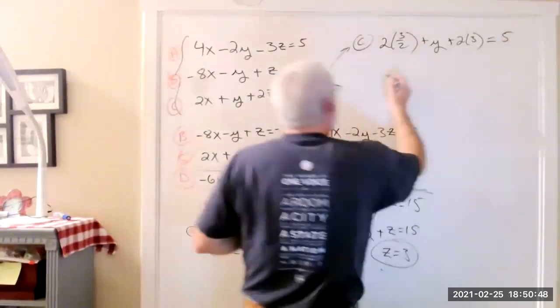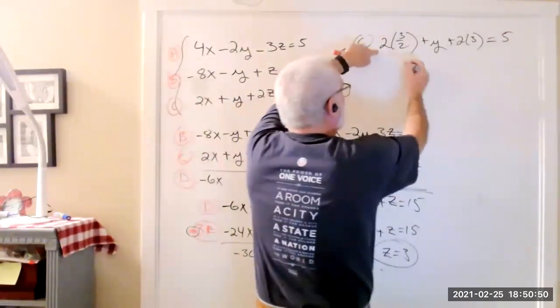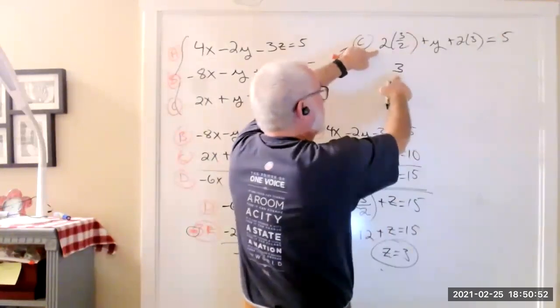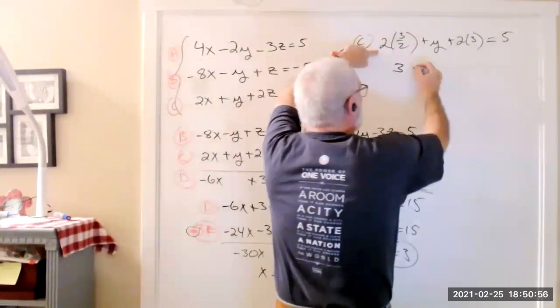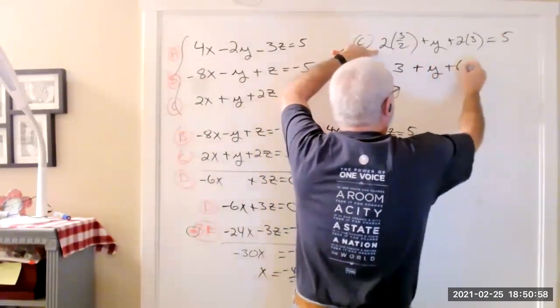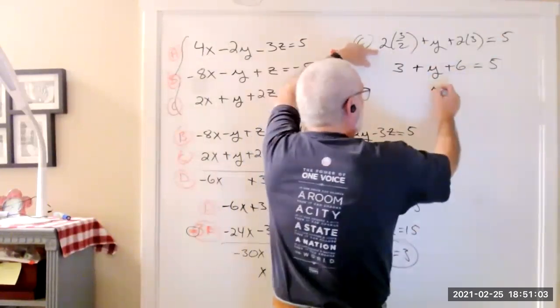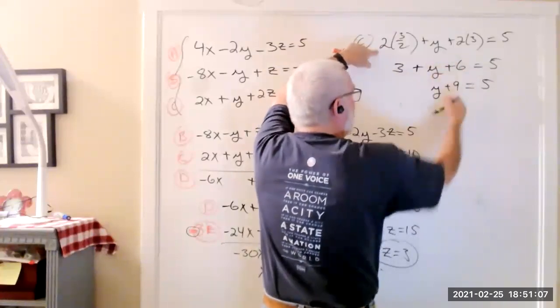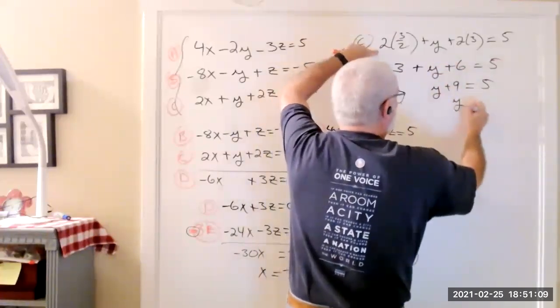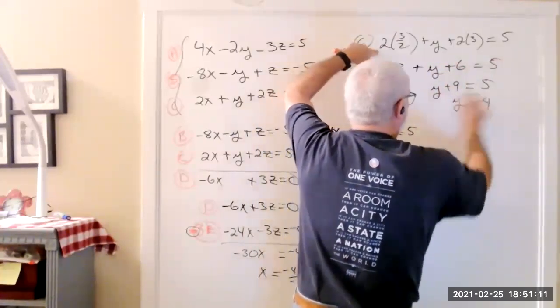Again, use your calculator, but this will turn out to be 3. Cross cancel, whatever. 3 plus y plus 6 equals 5. Y plus 9 equals 5. 3 plus 6 is 9. Take away 9. Y is -4.